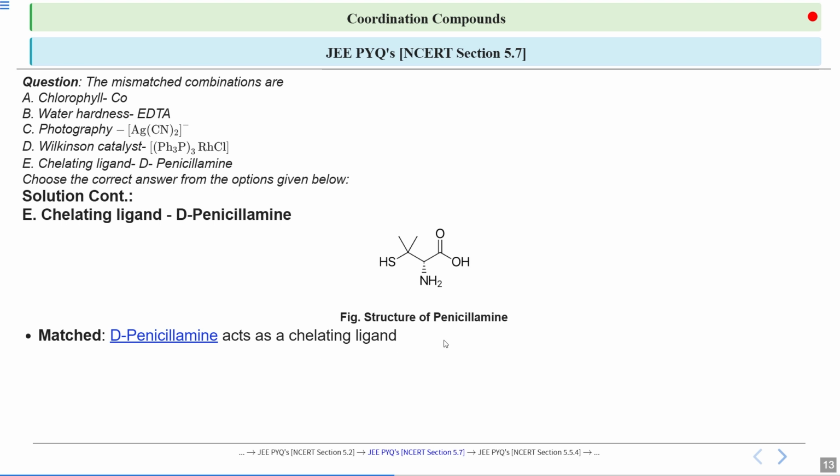D-penicillamine acts as a chelating ligand. What is a chelating ligand? We have studied that a chelating ligand stabilizes the structure of the complex by developing a ring-like structure after forming more than one bond with the central metal ion at the same time. So D-penicillamine acts as a chelating ligand, and this is also a matched combination.